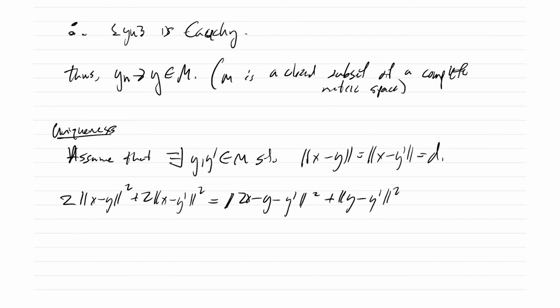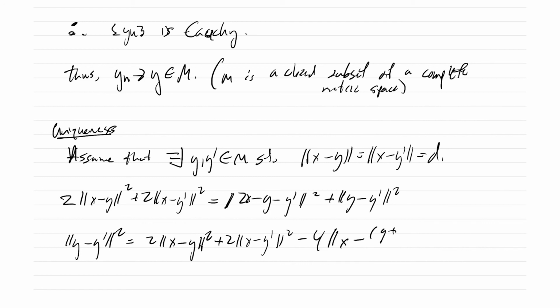And something to note is that if I go ahead and rewrite it like this, I can isolate this piece here, and so I'm going to get the norm of y minus y prime squared is equal to 2 times the norm of x minus y squared plus 2 times the norm of x minus y prime squared minus 4 times the norm of x minus (y plus y prime)/2 squared.